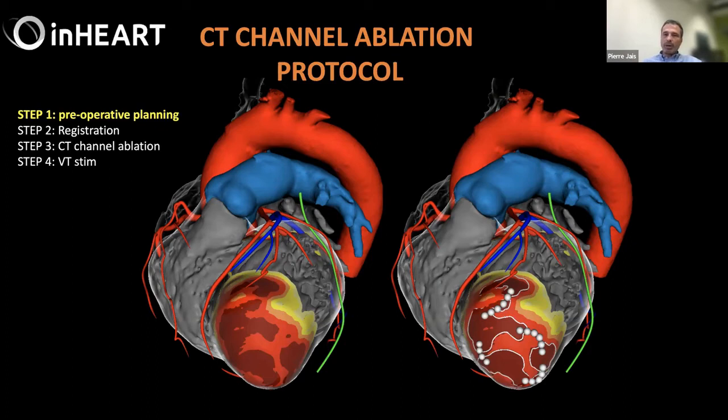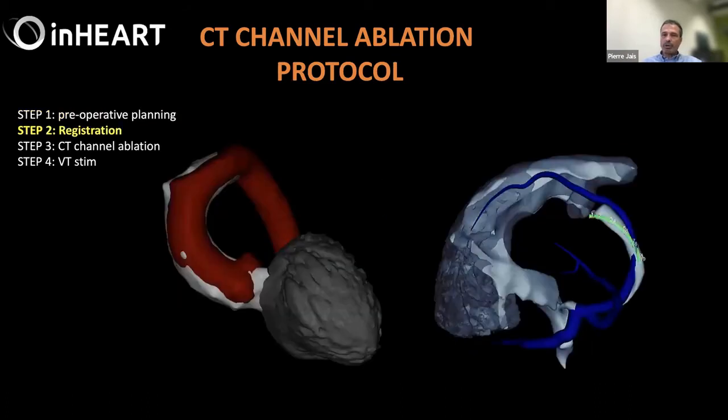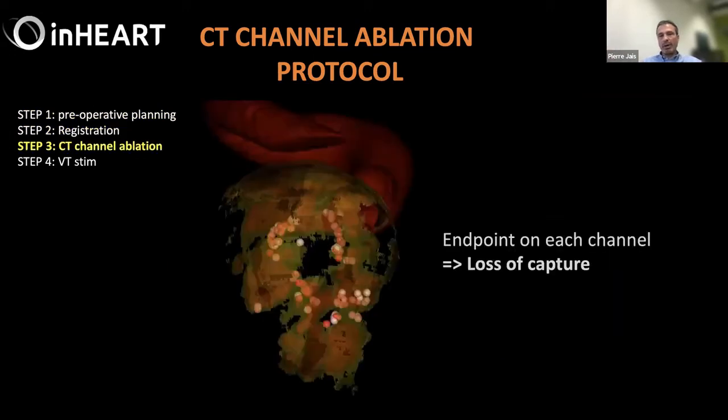We just fast map the aorta or the pulmonary arteries for registration purpose, as said before. And then we would take our ablation catheter directly to the images, to the CT channels. And we deliver energy there to block them.